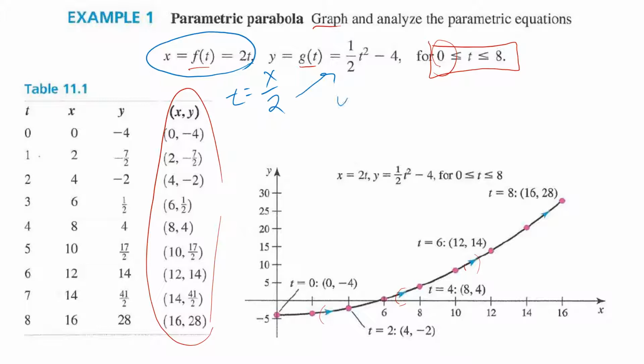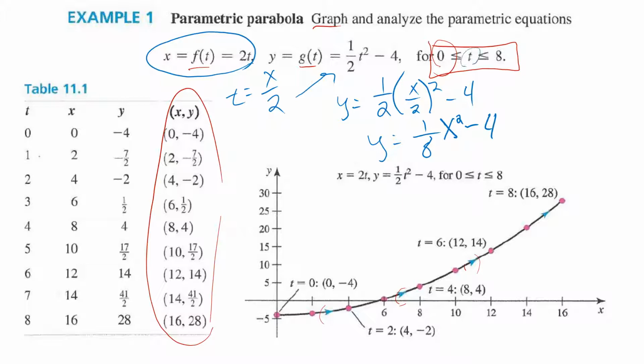So we'll get y equals 1/2 times x over 2 squared minus 4. We can square those. X squared over 4 times 1/2. We get y equals 1/8 x squared minus 4. But then t goes from 0 to 8 because the domain is limited.